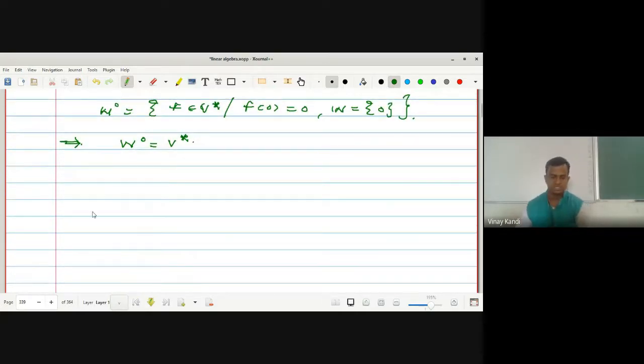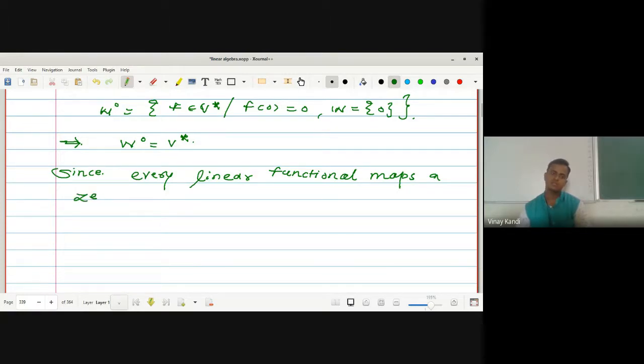Okay, now what is the reason? Since every linear functional maps the zero vector onto the zero scalar.